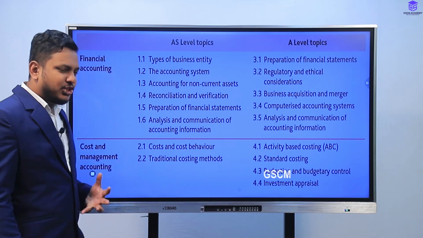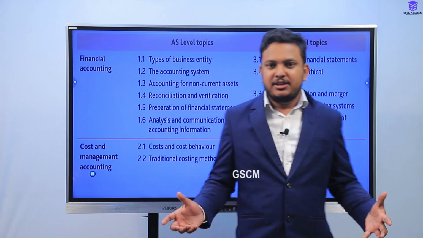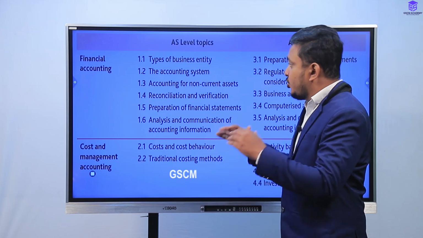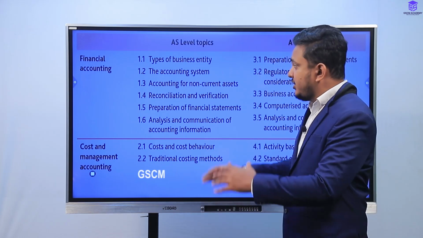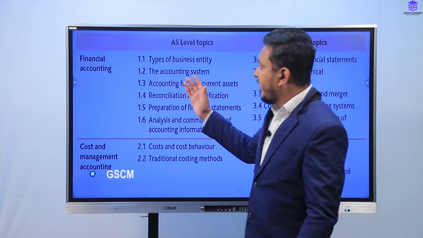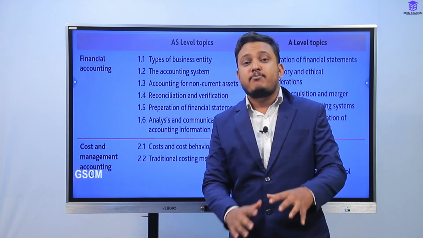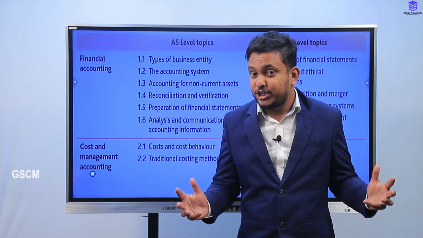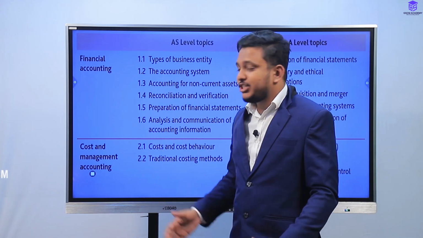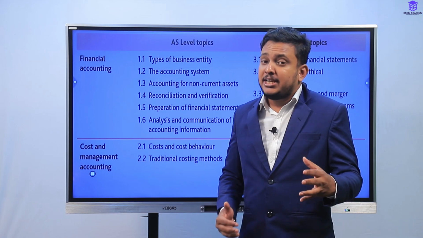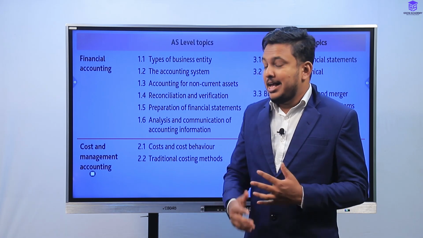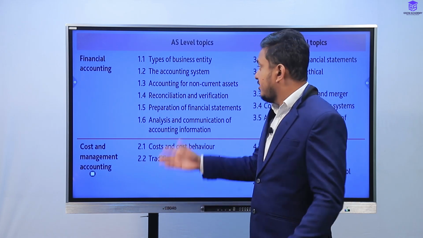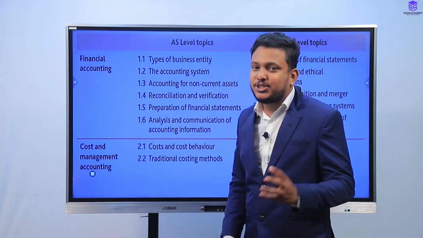Basically, when it comes to accounting, in Cambridge they have broken this down into two: financial accounting, and cost and management accounting. These are two branches in accounting. When it comes to financial accounting, under the AS level curriculum, you are required to cover these 6 topics.